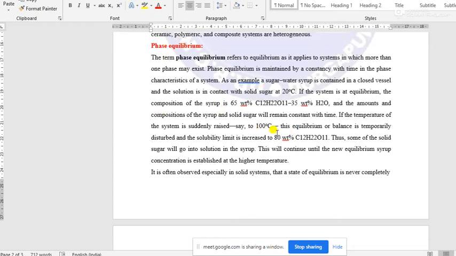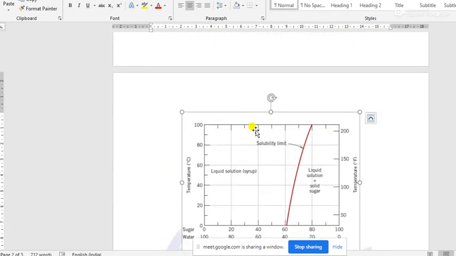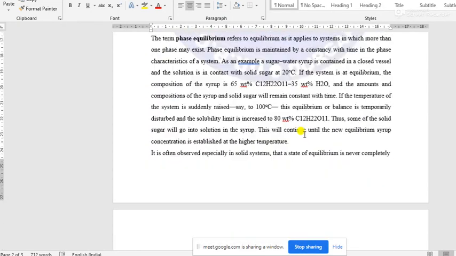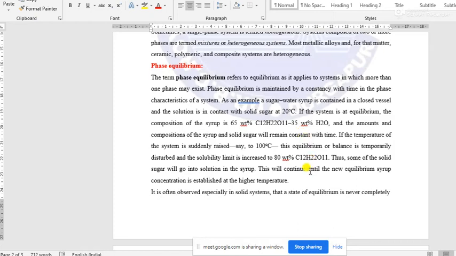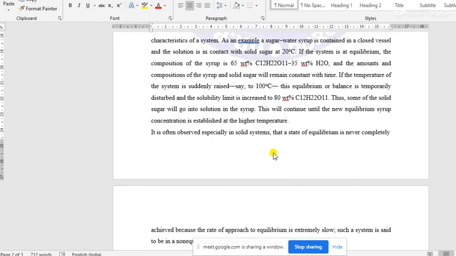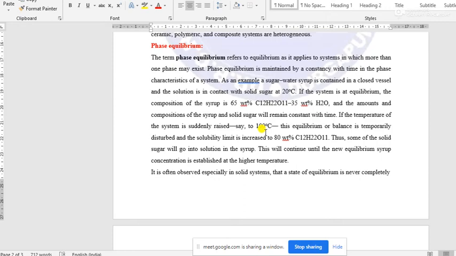If you consider a temperature of 100 degrees Celsius, where the solubility is 80%, the sugar will start to dissolve into the water, and after some time you will get a saturated sugar syrup solution with 80% weight of sugar. At that point the sugar syrup system will reach the equilibrium condition. This is actually the concept of phase equilibrium.